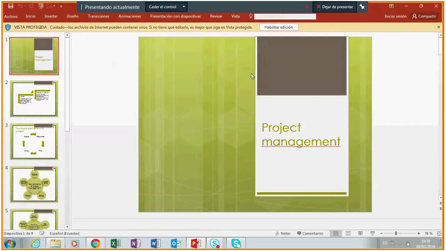The third question is, why would a diagram of activities be useful to Jimmy and his team? Because they are going to be organized, and everybody will know what his task is in the project.